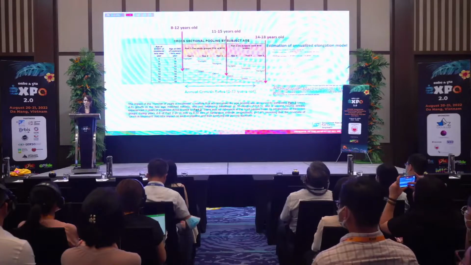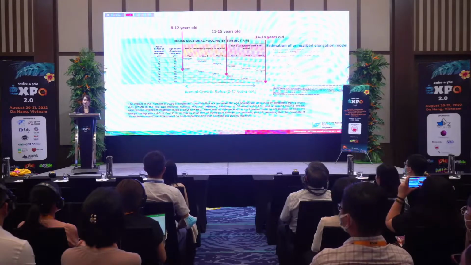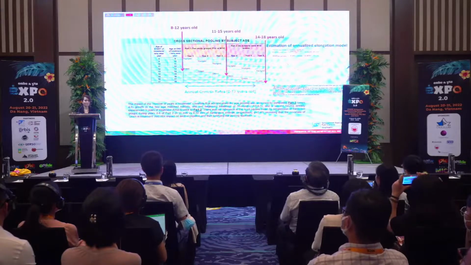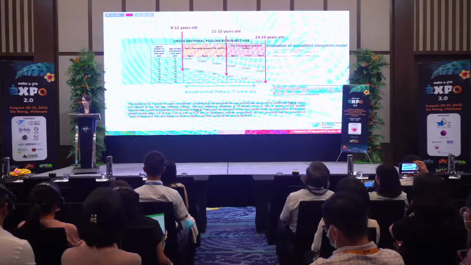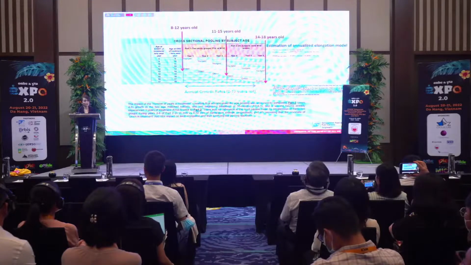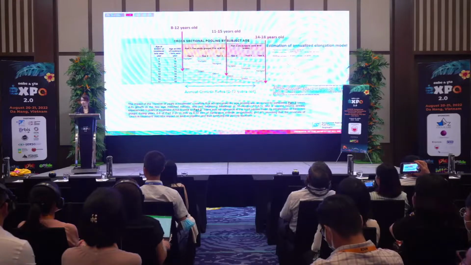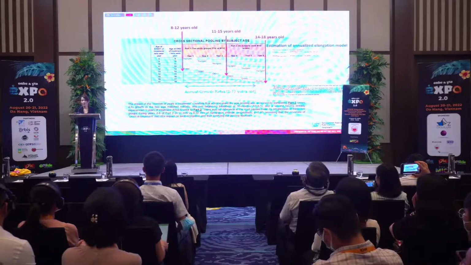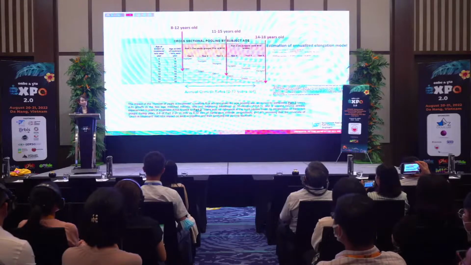Because as you recall, we recruited 8 to 12 year olds in both the control as well as in the treatment arm. So at every year, we have varying ages of children on varying treatment. And hence, this allows us to calculate the annualized growth rate both with and without treatment. And with that data, we perform an estimation of the annualized elongation model.